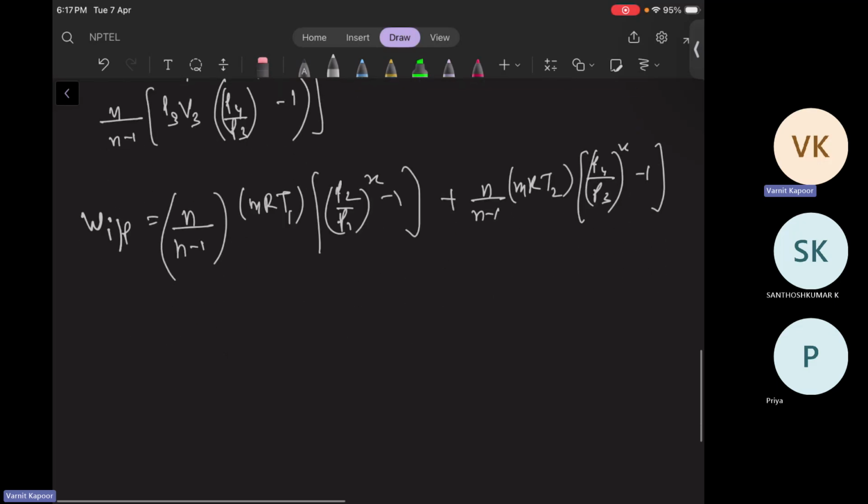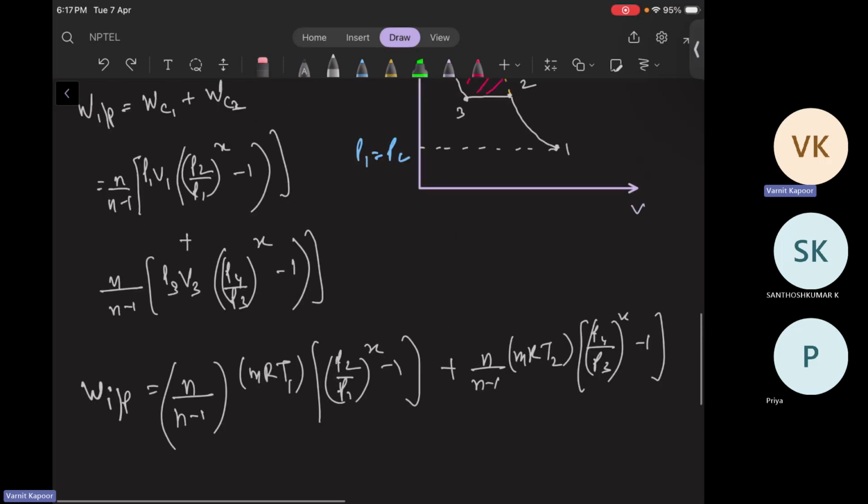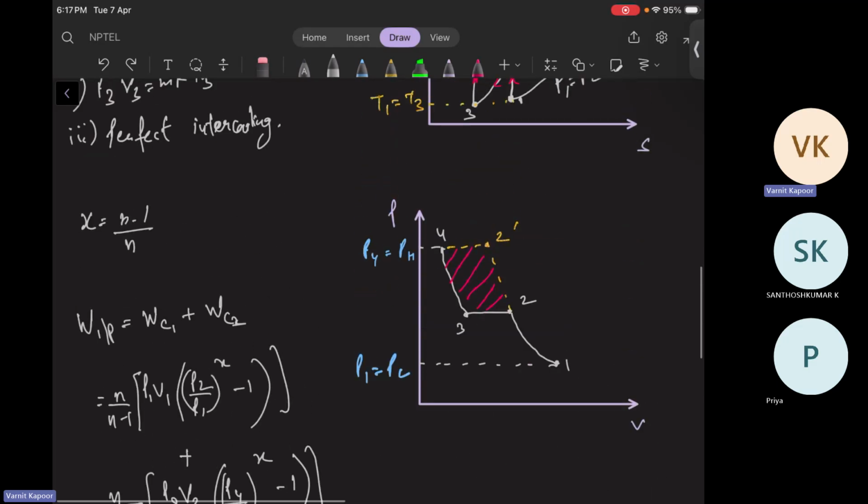Now let us take n by n minus 1 common. So this can be written as 1 by x, because n minus 1 by n is taken as x.